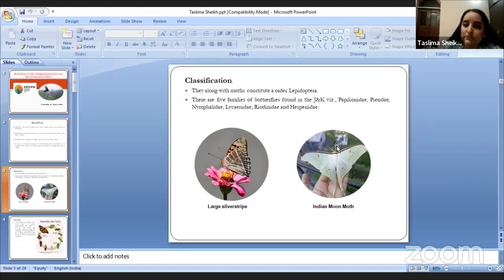This is the basic difference between butterflies and moths. Another difference, which is not exclusive, is that butterflies are seen during the daytime and moths are most active during the night.